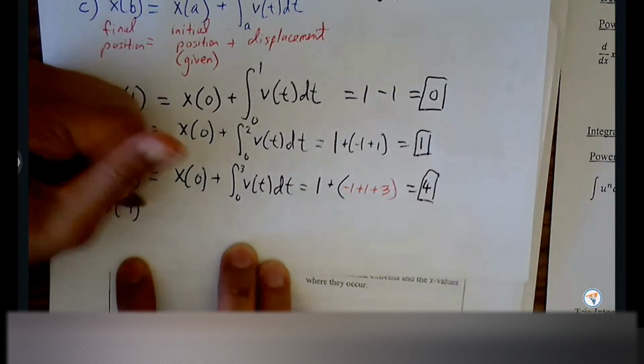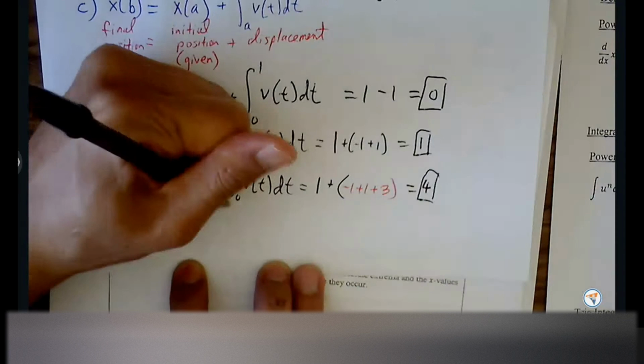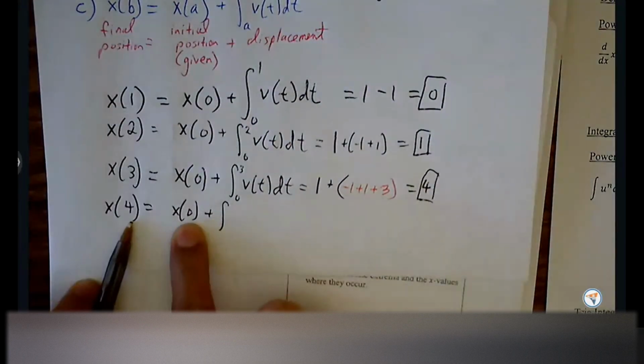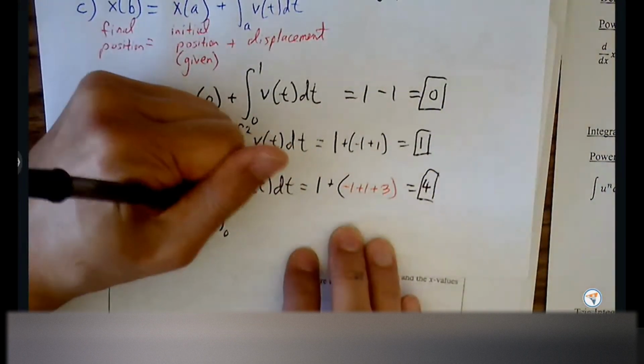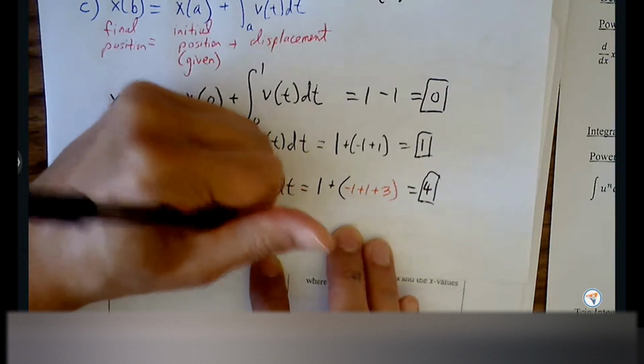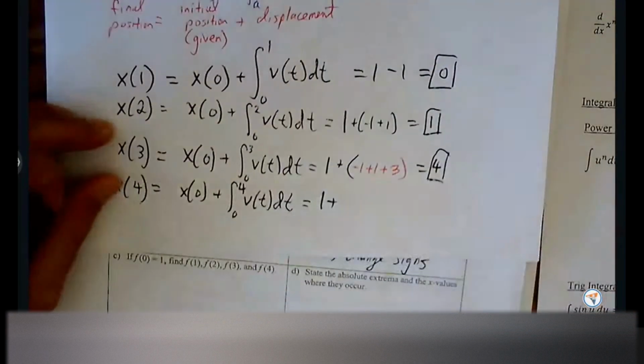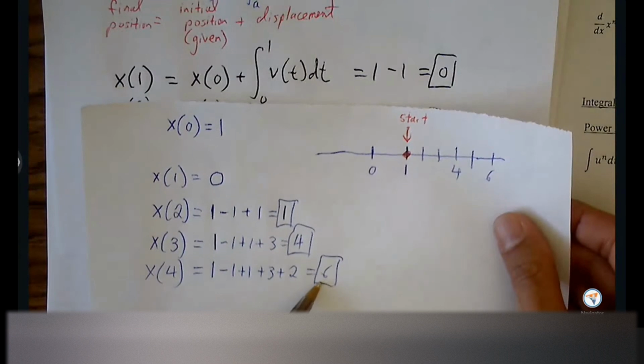X of 4, same idea, start at time 0. But I need to bridge this gap between 0 and 4, so I'm going to find my displacements. And just like what we did, we just total those numbers up. Negative 1 plus 1 plus 3 plus 2. We're going to end up at location 6.